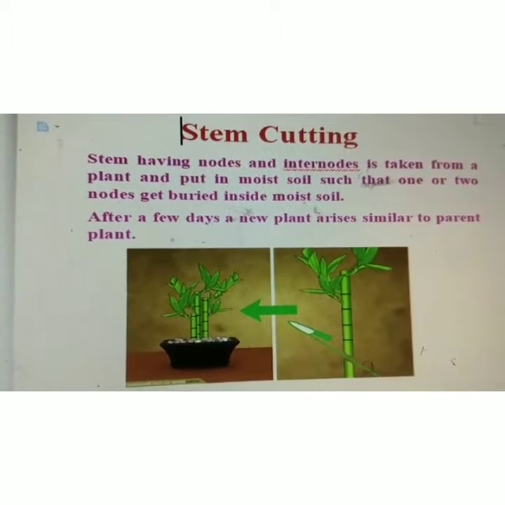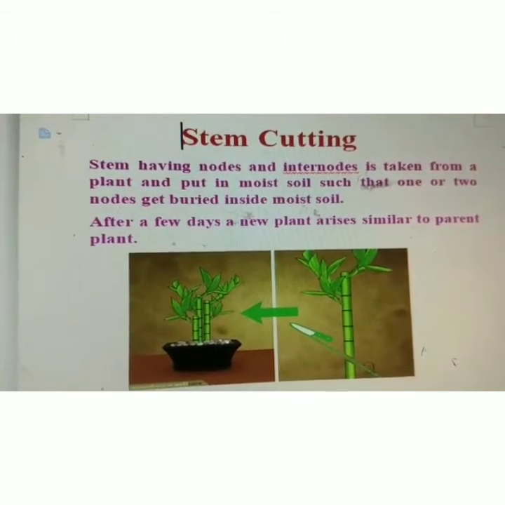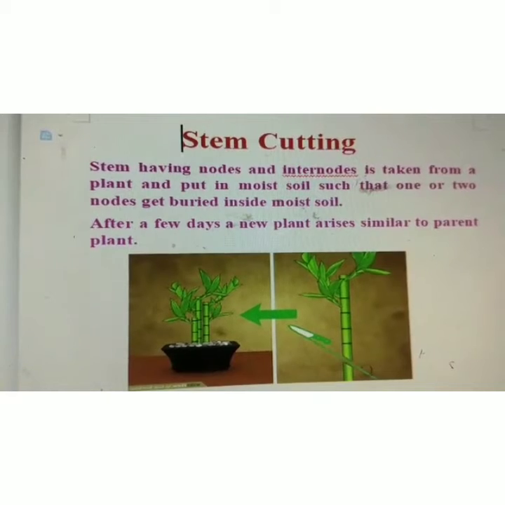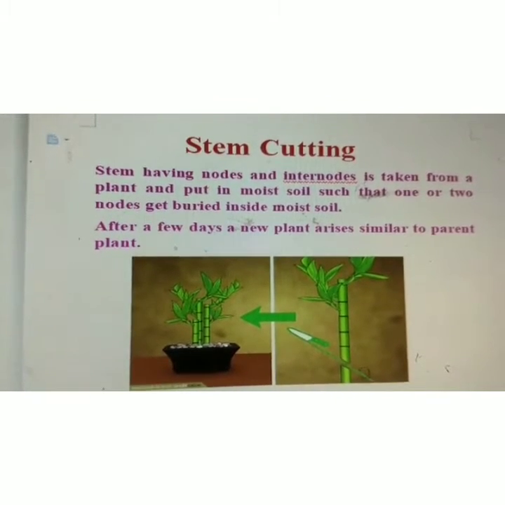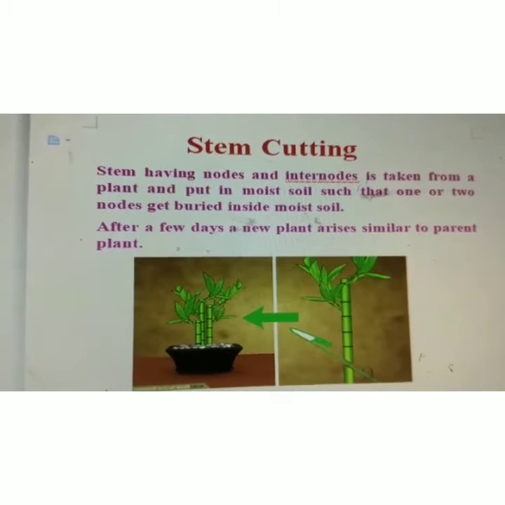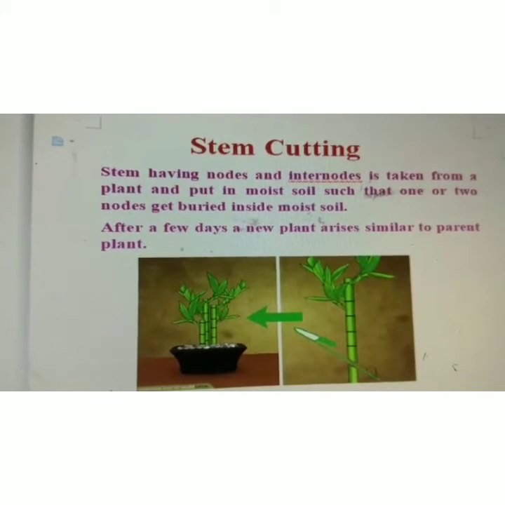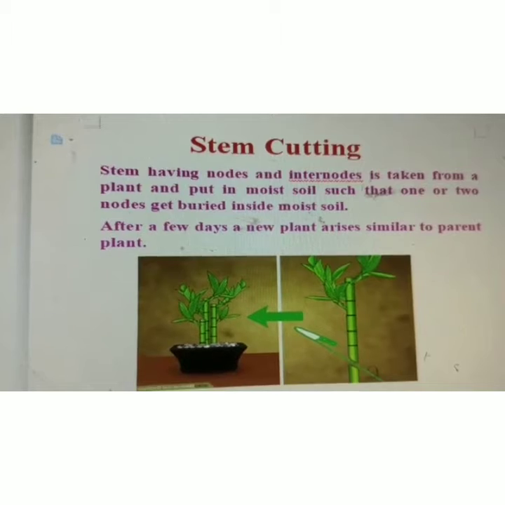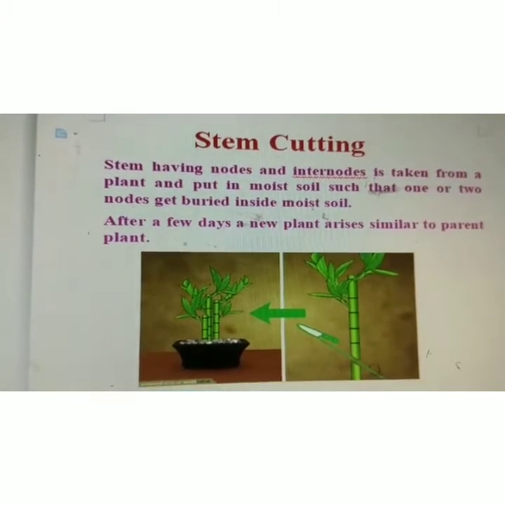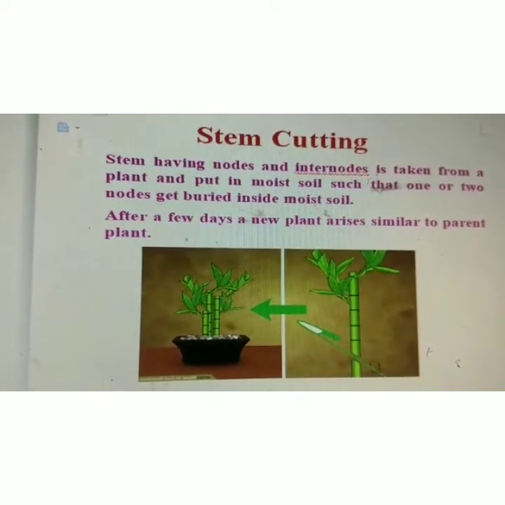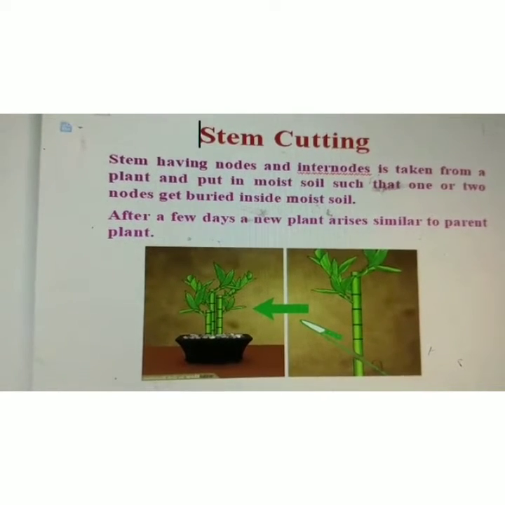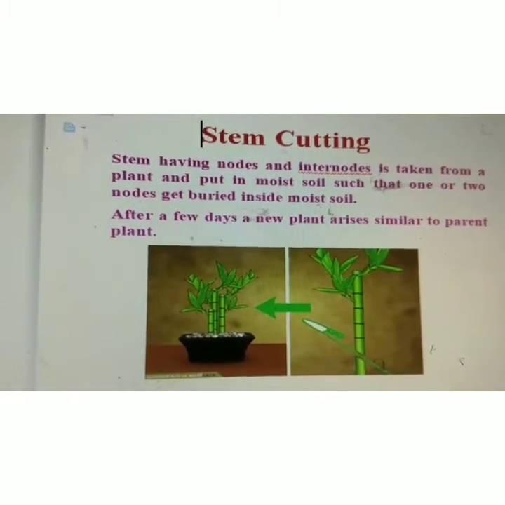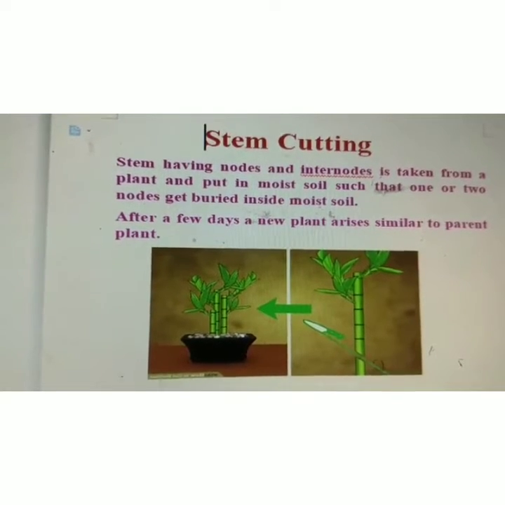After a few days, roots will start coming out from the stem portion which has been put in the soil, and a new plant will arise which is similar to the parent plant. For example, you can see in rose and sugarcane, they grow by stem cutting.